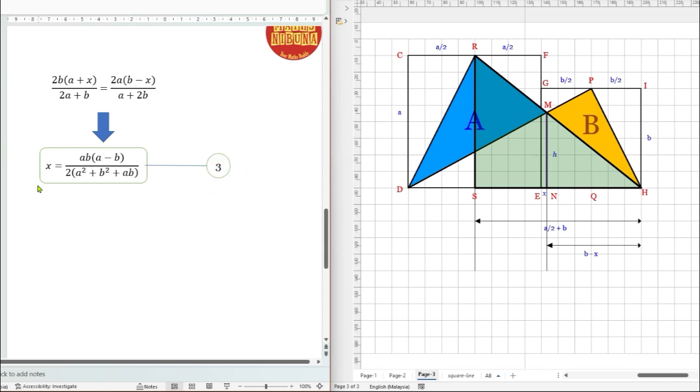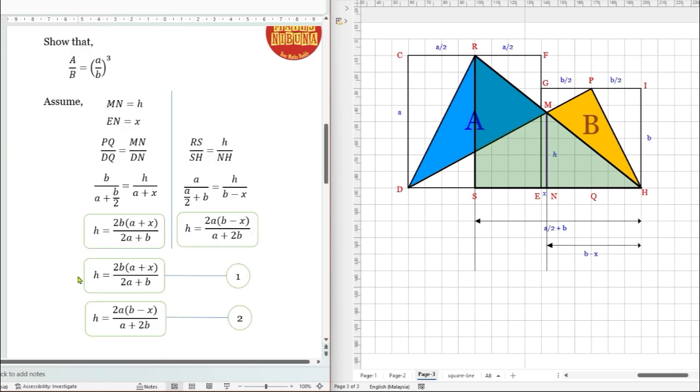Now to find h, I have to substitute the function of x into this or this, either one. Let's say the second one.